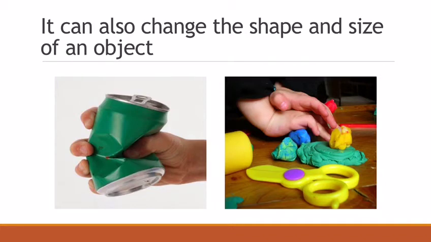Can you think of more examples of changing the shape and size of an object? Pause the video and think for a while. Okay, I will give you one more example. We can squeeze a lemon to change the shape and size of a lemon.